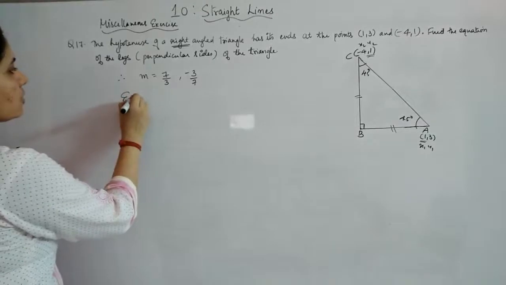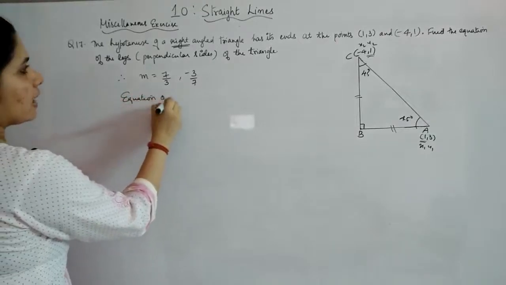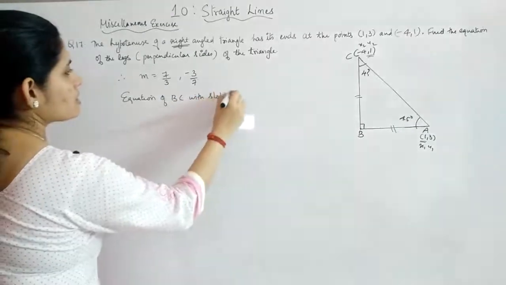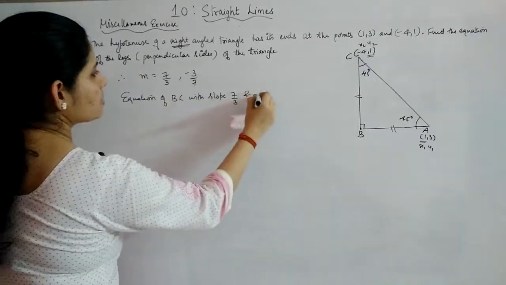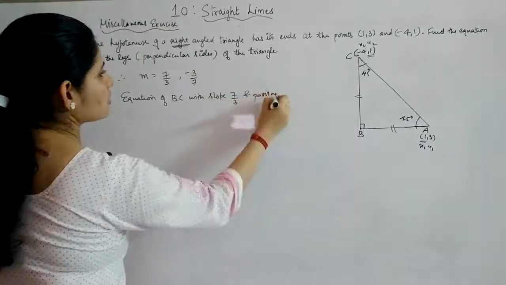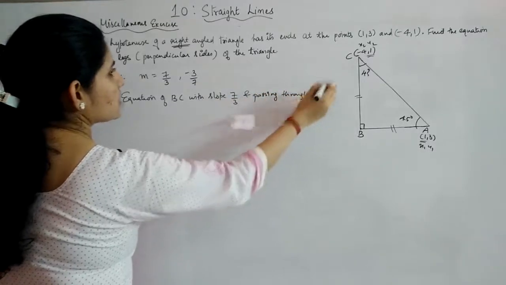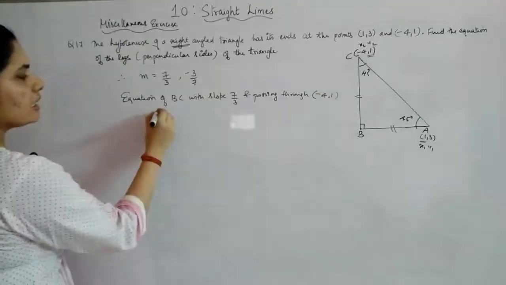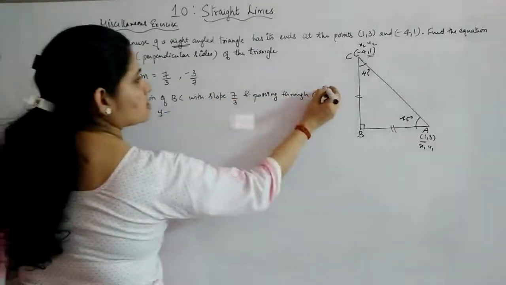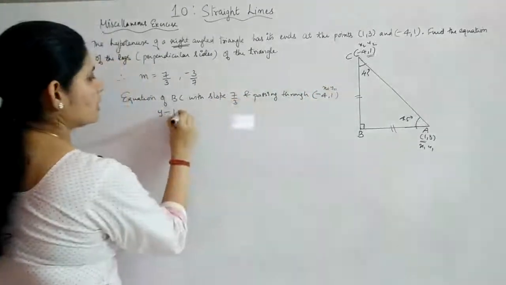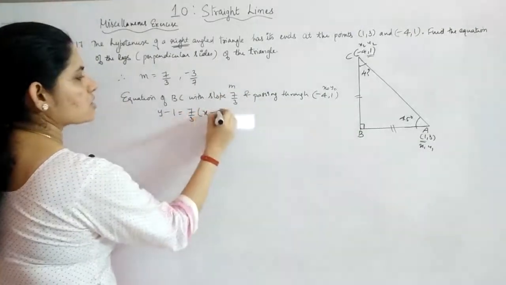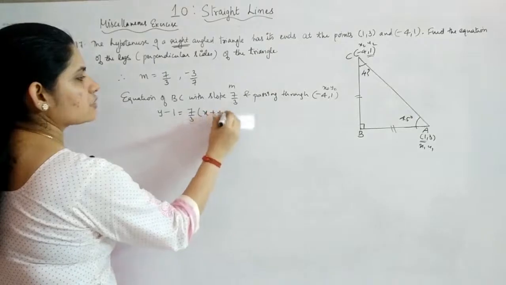Now the equation of the line BC with slope 7/3 and passing through the point, what is the point here? Minus 4,1. So y minus y naught, 1, is equal to m into x minus x naught, x minus of minus 4, x plus 4.